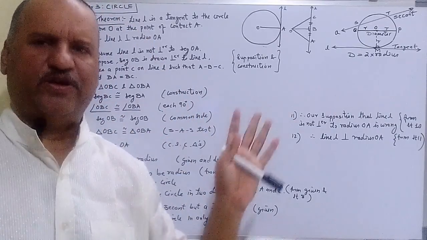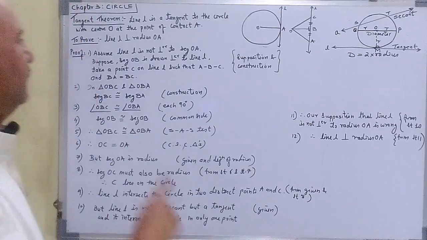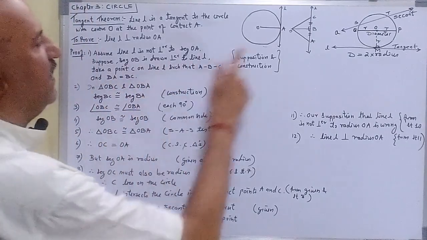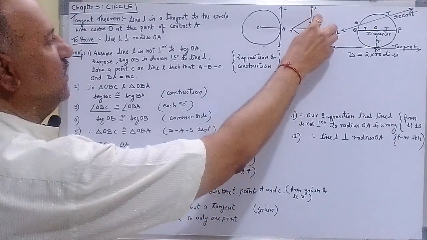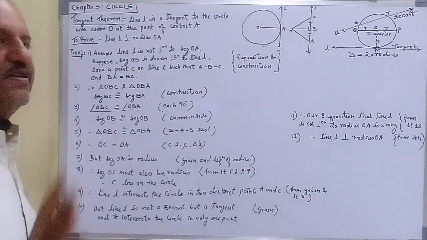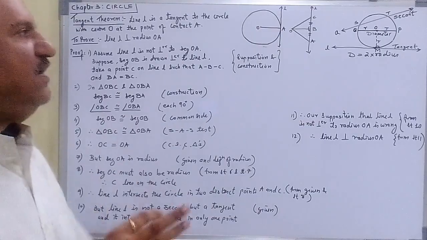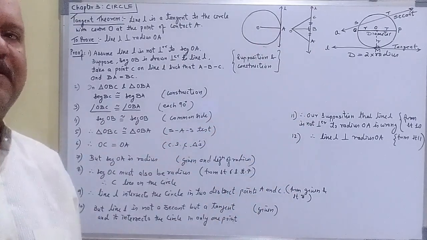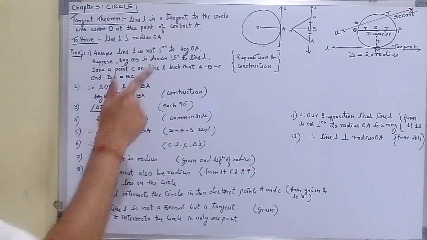B is any other point, ओके, other than A. Suppose OB is drawn perpendicular to line L. Then you take a point C on line L such that A-B-C and BA equal to BC. ये हमारा कंस्ट्रक्शन है. सपोजिशन एंड कंस्ट्रक्शन.